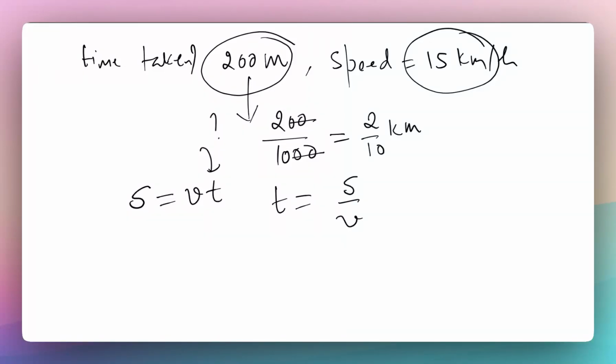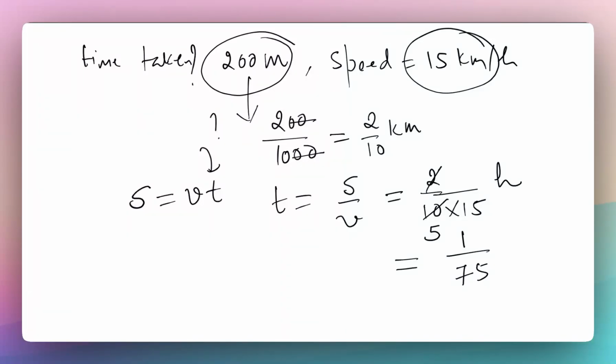What you have to find out for 200 meters. So S is 2 by 10 and V is going to be 15, and this is 15 kilometers per hour. So the hour is there. So now we have 5, and that's going to be 1 divided by 15 into 5, which is 75. So 1 by 75 hours, right?